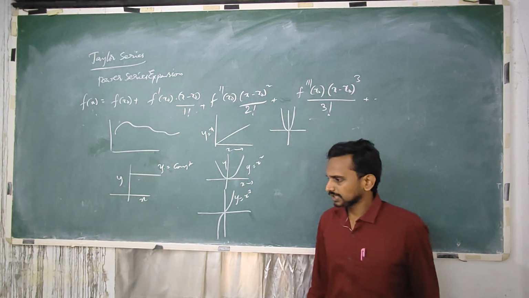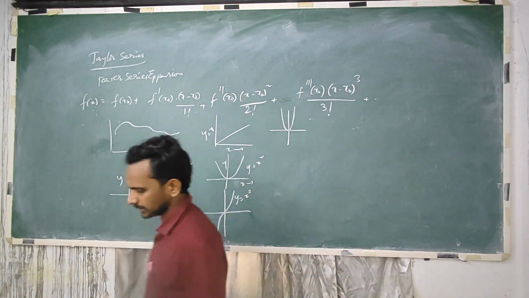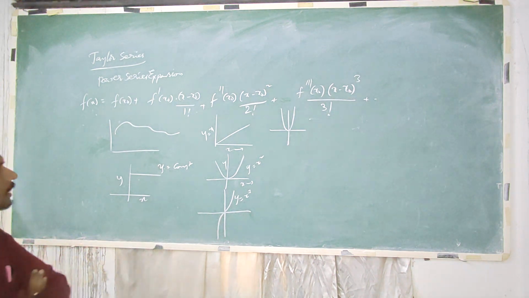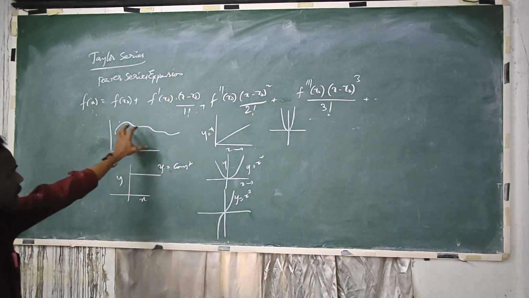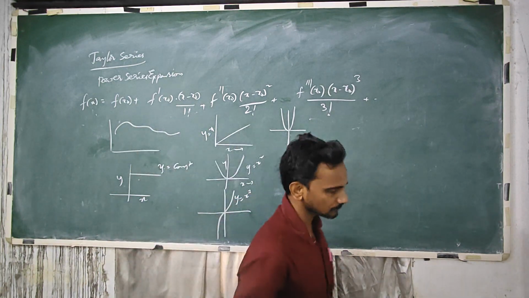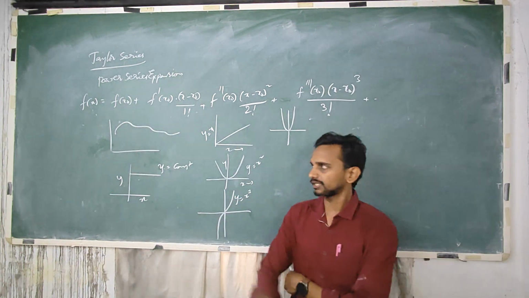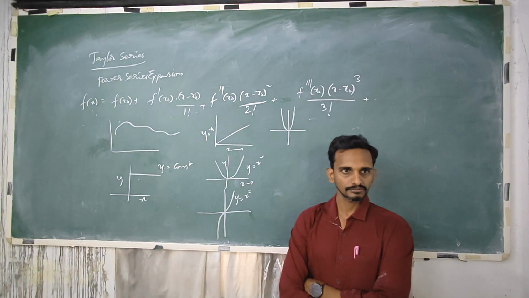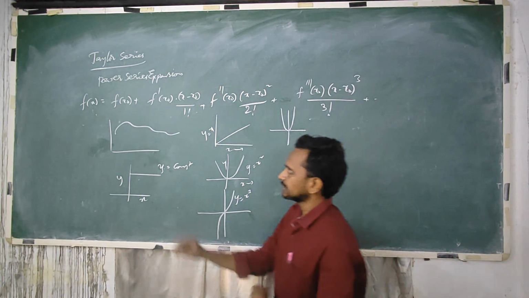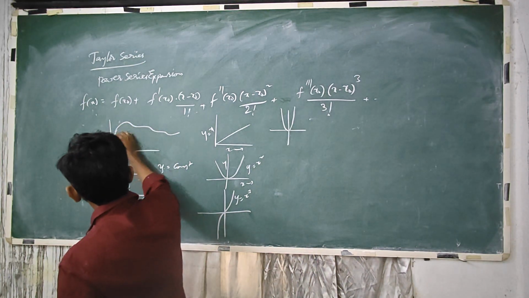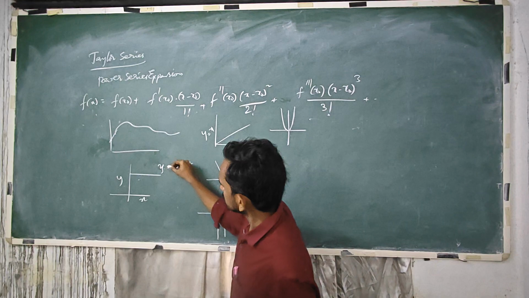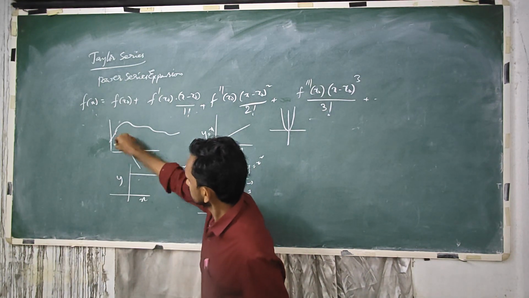Okay, we have a set of functions like this, which we see as graphs. Now, what combination of these functions will give you this kind of curve? Let's say this graph is starting not from 0, so this may have contribution from a constant.